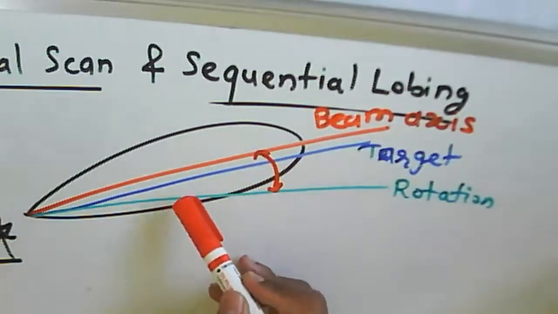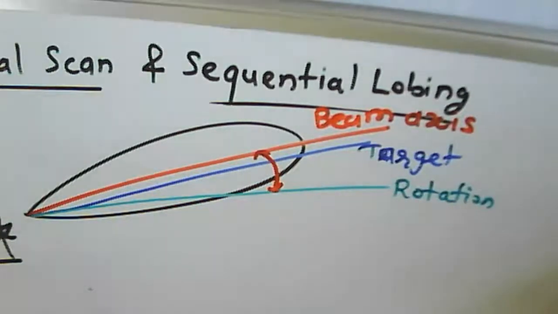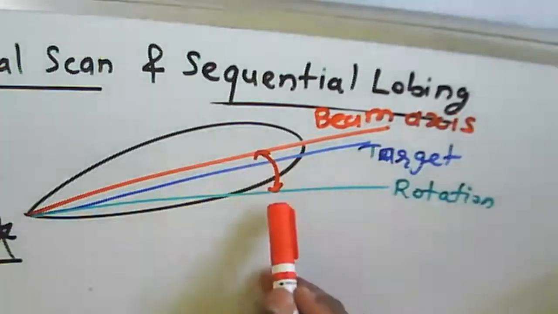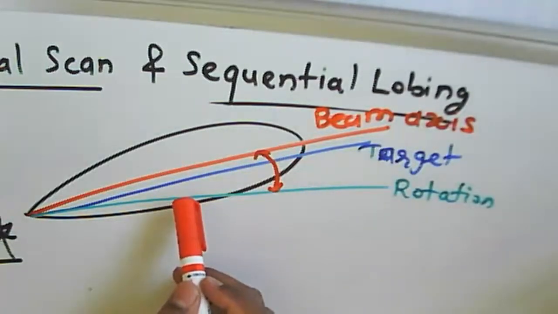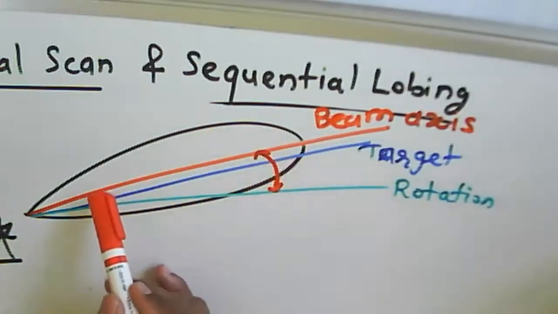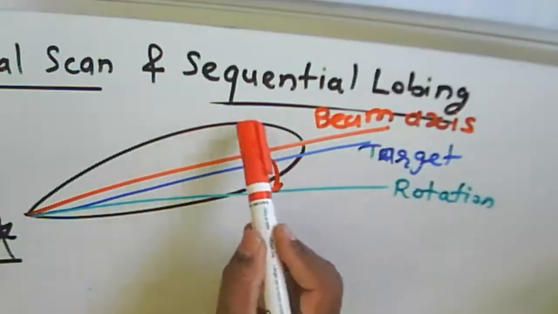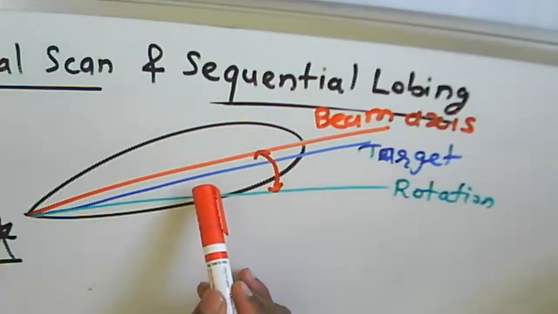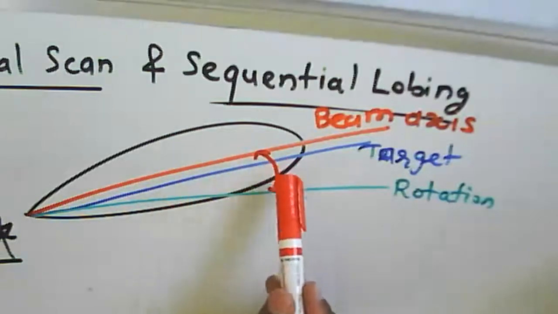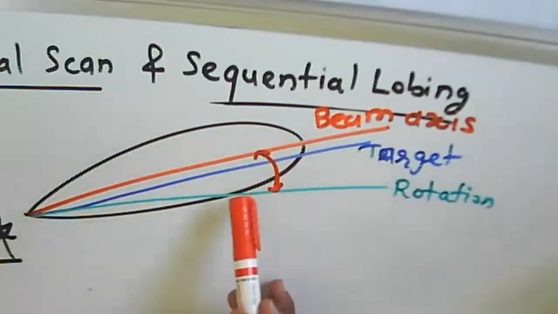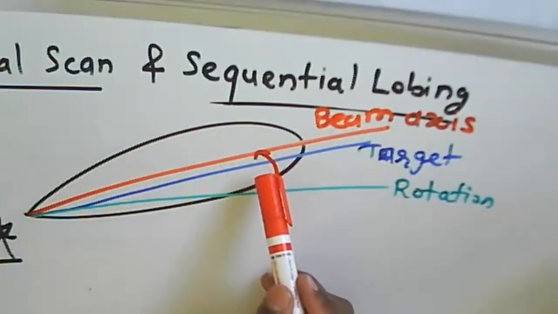From that we can find out the rotation frequency of this particular beam, and that is called scanning. Scanning in a conical form is called a conical scan.